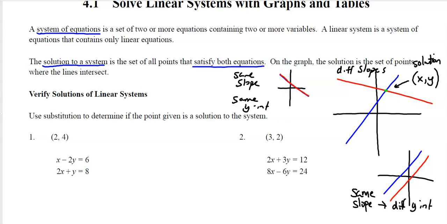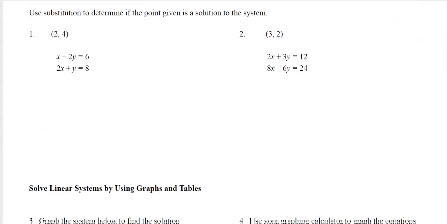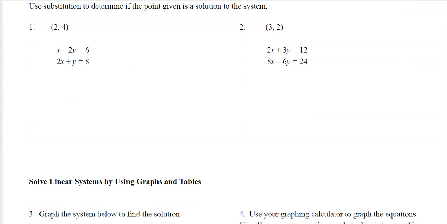All right, well, let's jump into it. So sometimes, like on an SAT, they will give you a system, and they'll just say, hey, which one of the following is a solution? And you can simply just substitute the letters in there to see if it works. So remember on ordered pairs, this is the x, this is the y.